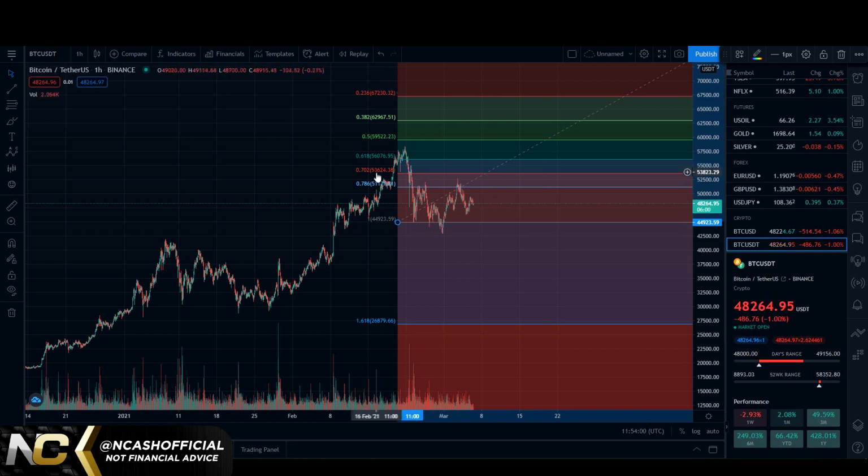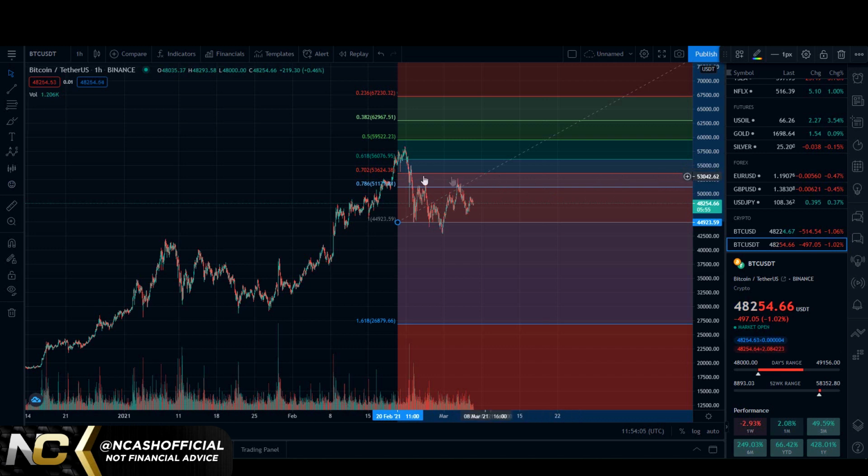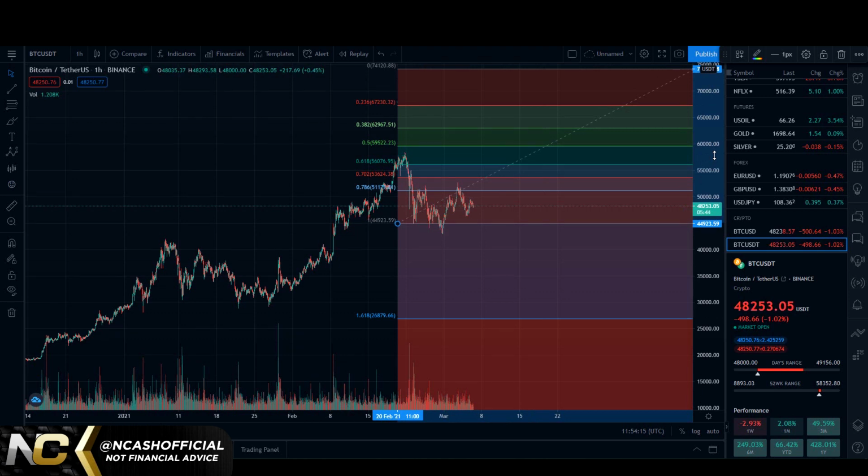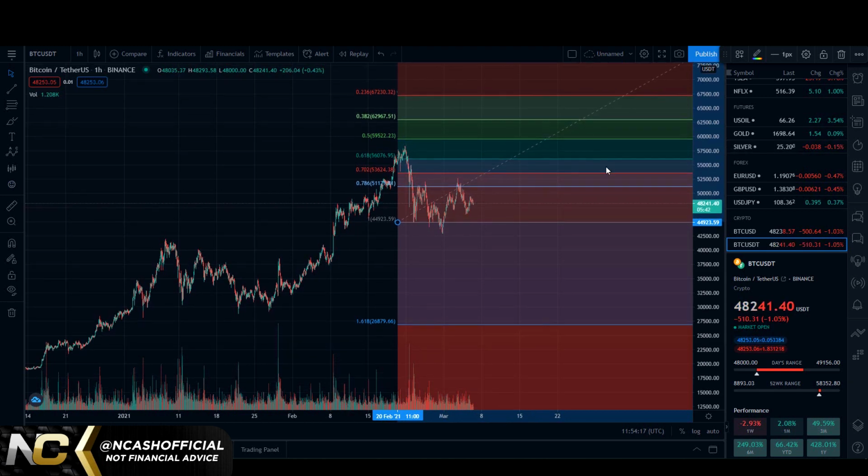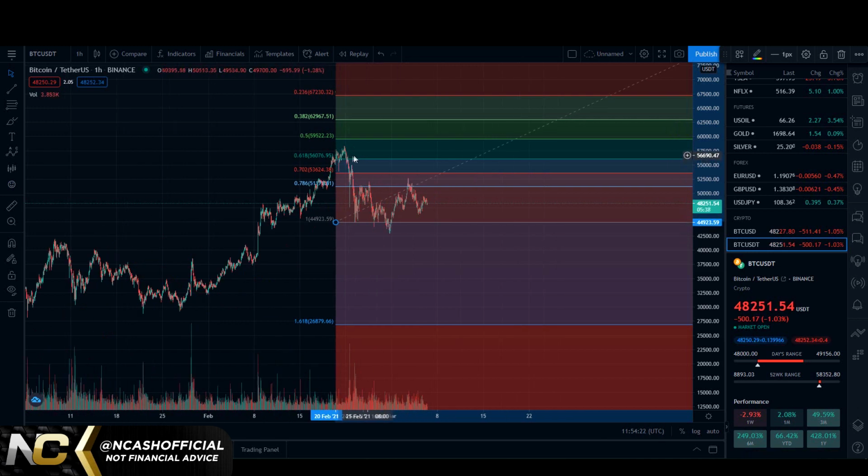The 702 would put us at about 53,624. Like I said, this is a key level to hold. The 52 to 54K mark is the point to hold. I think that will pretty much tell us, hey, the bottom's in, the dip already happened. We're in alt season. I think that would be a strong indicator of that.